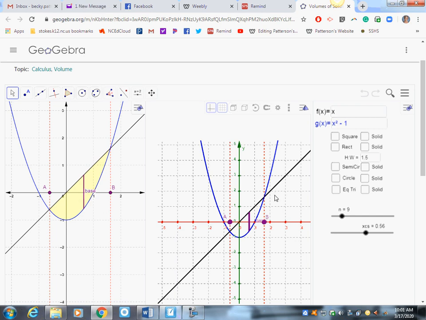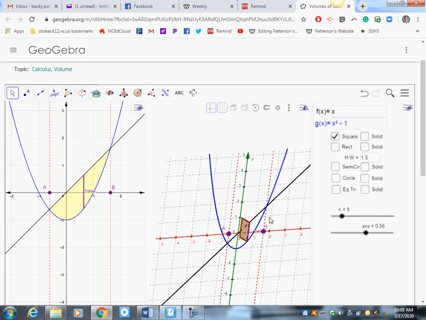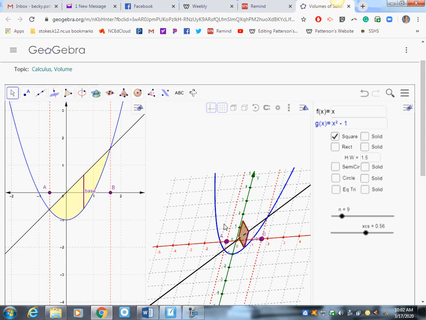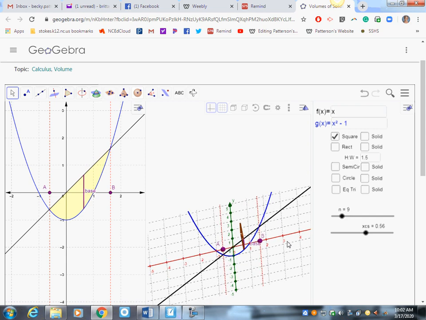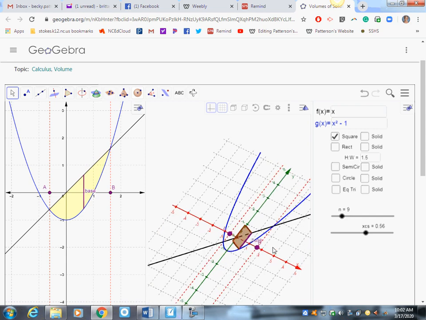So here's what it's going to look like. I'm going to do squares. What I'm taking is a square, and I'm laying it, if you can come over here and see the arrow, from end to end of this shaded region. But the square sits upright, so it sits vertically on this graph.